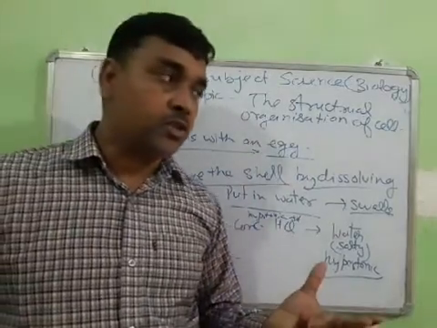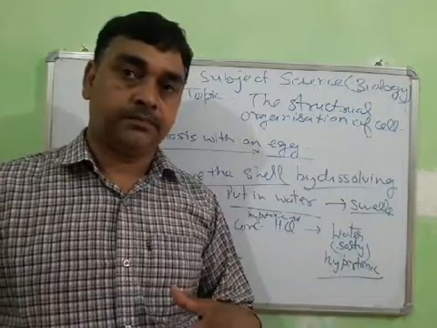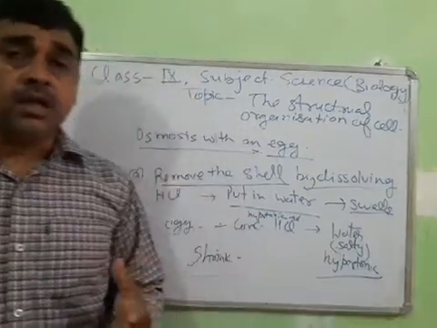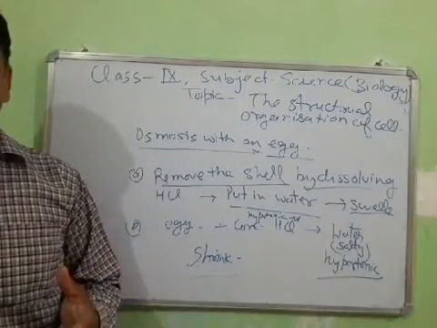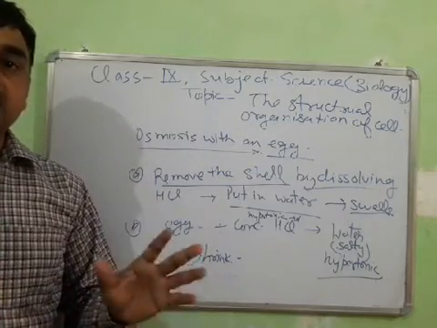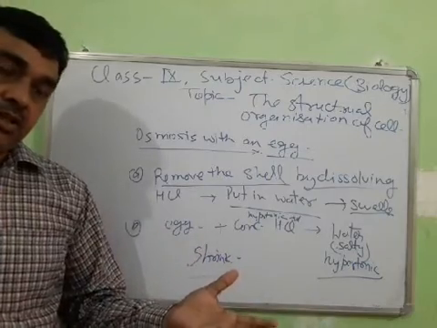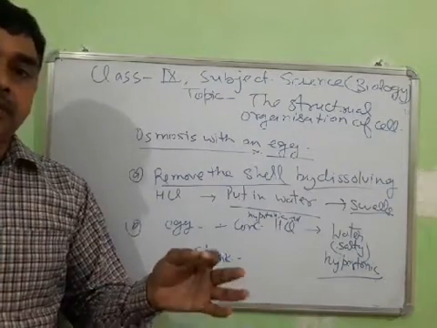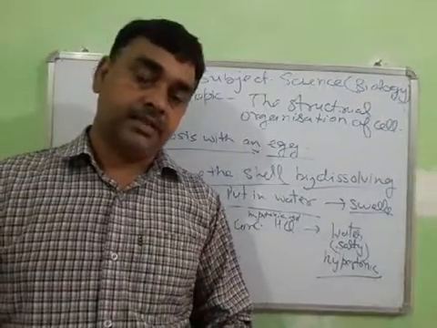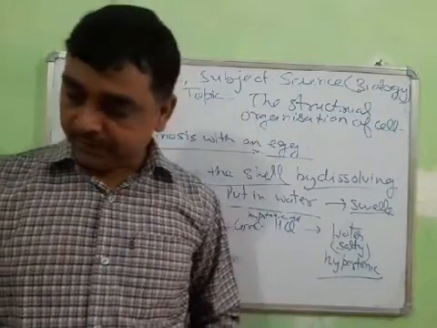And exosmosis is when it is placed in a hypertonic solution, which means the concentration of water outside is lower than inside the raisin. So water will leave from inside to the outside of the raisin cells. They will shrink.